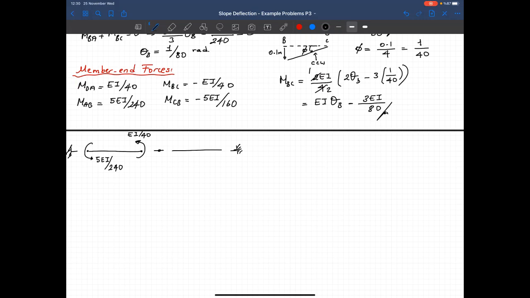Now at B, we see a clockwise moment, again EI over 40. And another clockwise moment whose magnitude is 5EI over 160.